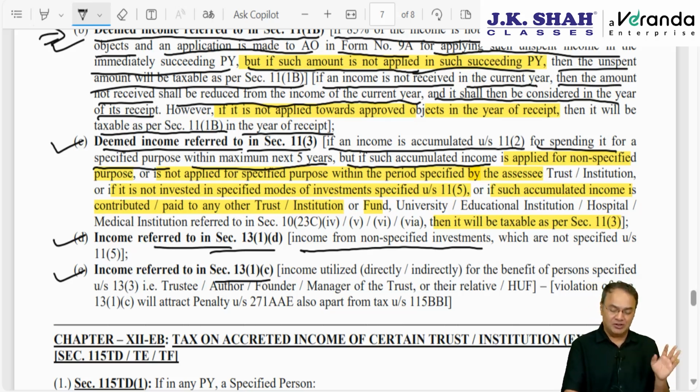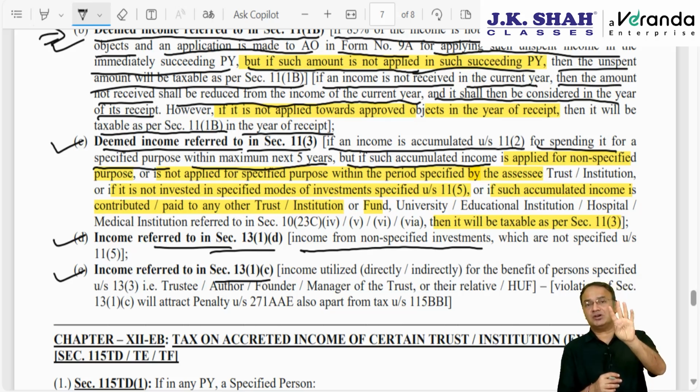And 13(1)(c). If you recollect, in section 13, withdrawal of exemption, we had discussed that if any part of the income of the trust is utilized directly or indirectly for the benefit of certain specified persons. Who are these specified persons?